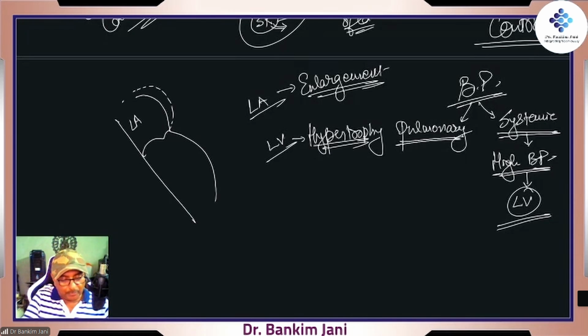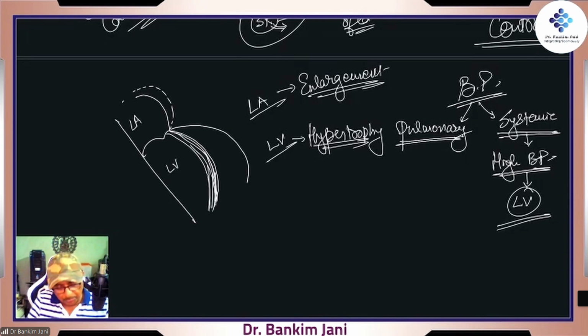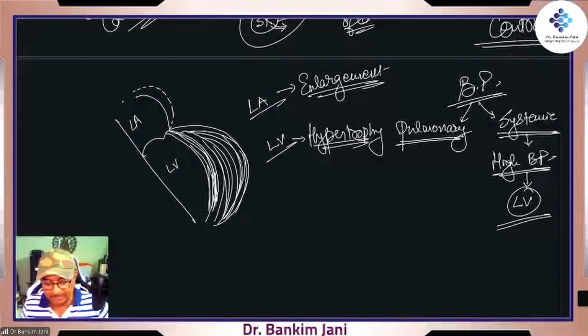But the left ventricle has a beautiful muscle mass. When it becomes bigger, its muscle mass becomes bigger, and that's why this is called left ventricular hypertrophy.